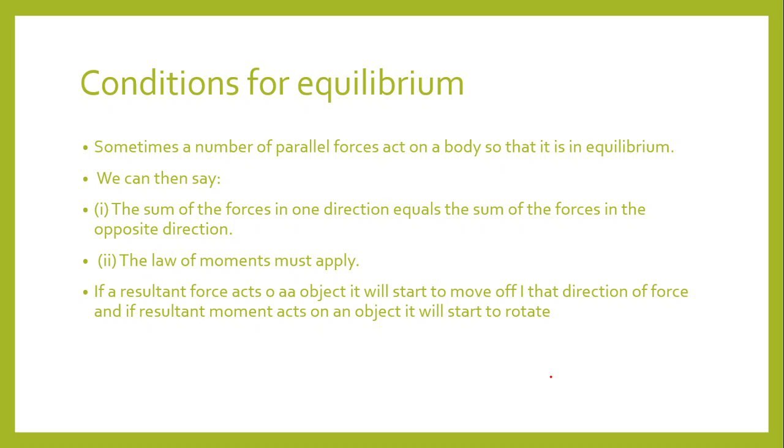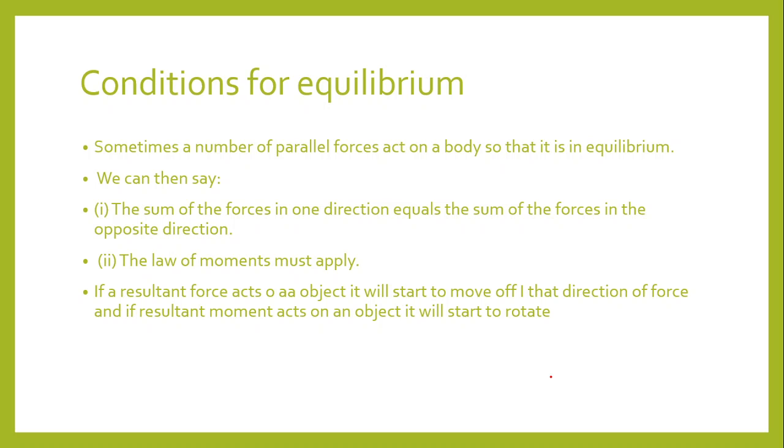Now, initially we said that if a body is in equilibrium, then from the principle of moments it should have equal clockwise and anti-clockwise moments. But equal anti-clockwise and clockwise moments do not by themselves mean that the body is in equilibrium, although it is important for a body in equilibrium to have balanced turning effects.